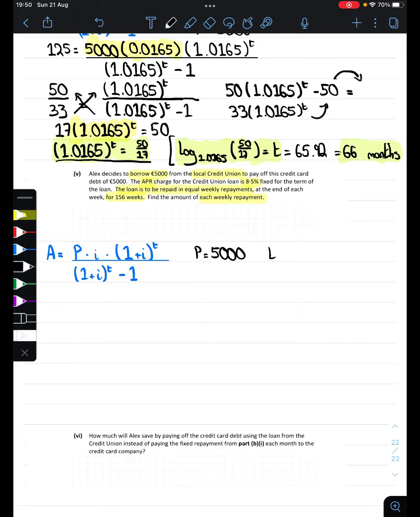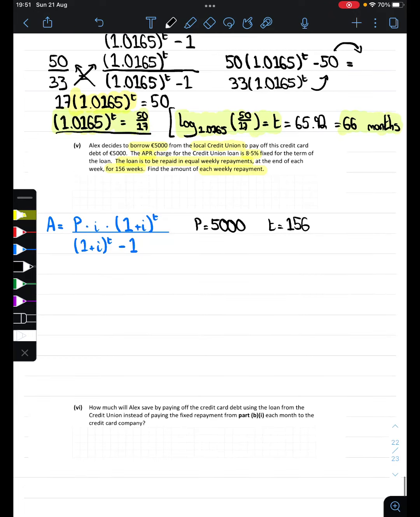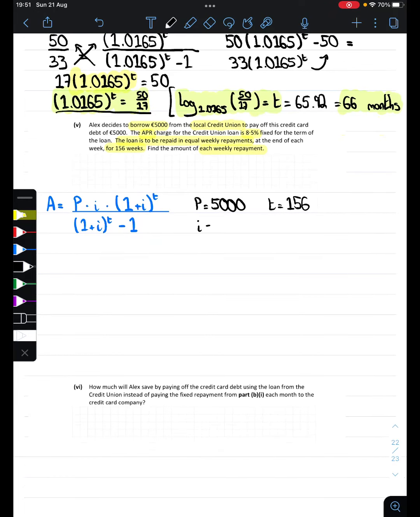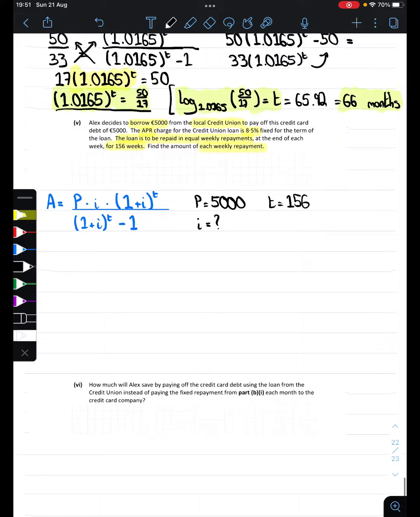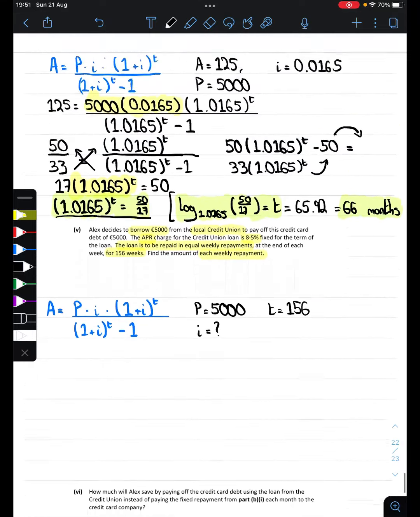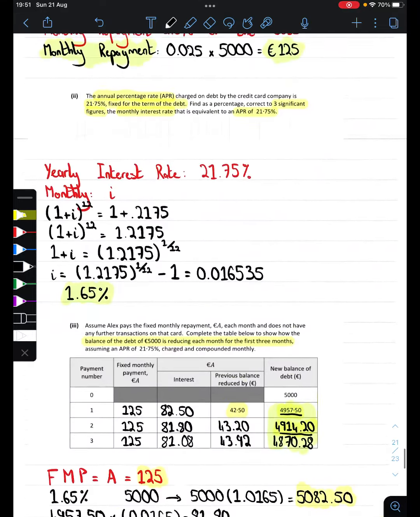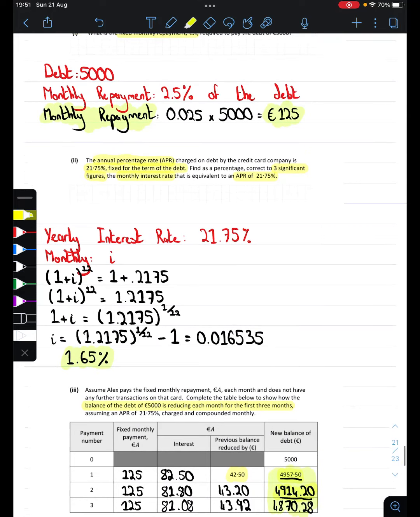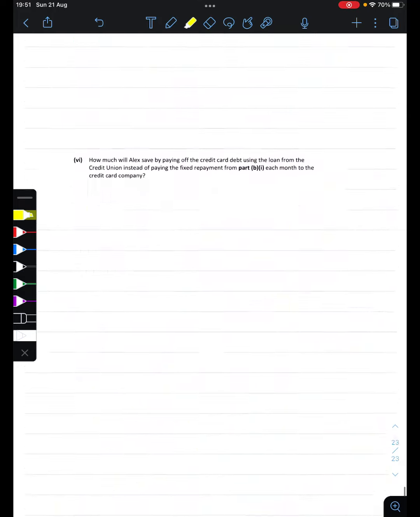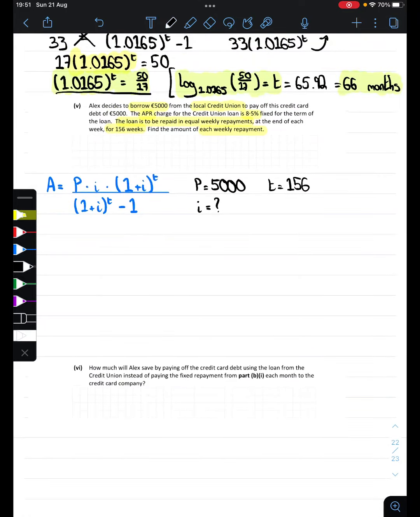And we know that T is 156 weeks. But what is I? Well, calculating what I is very much similar to what we did in part 2 of this question. We're just looking for I.